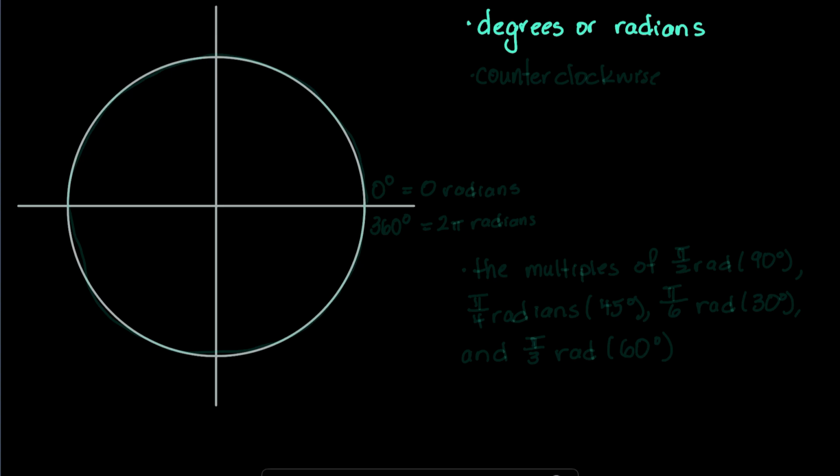unit circle. So the unit circle starts at 0 degrees and goes counterclockwise from 0 all the way around.